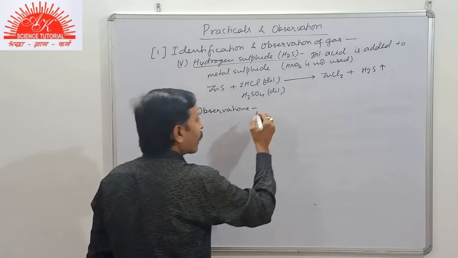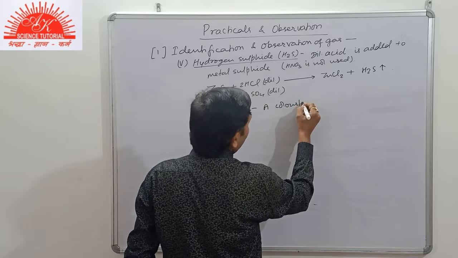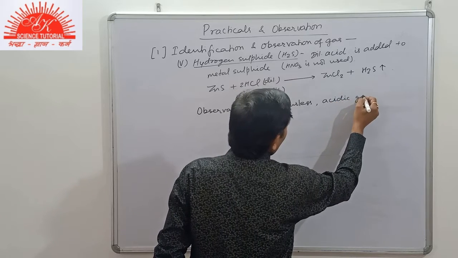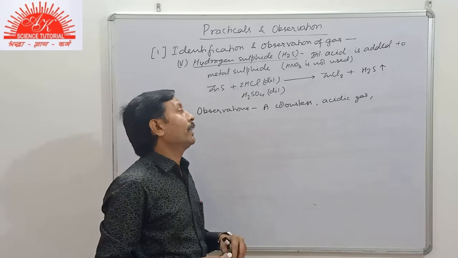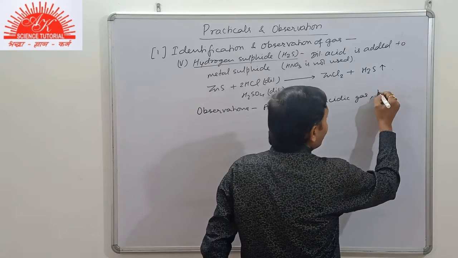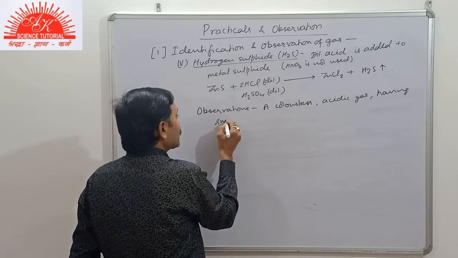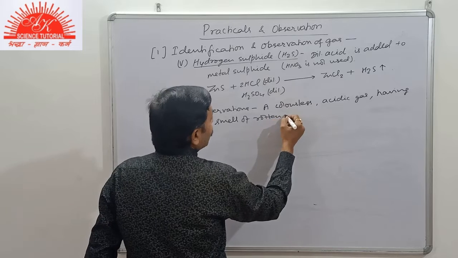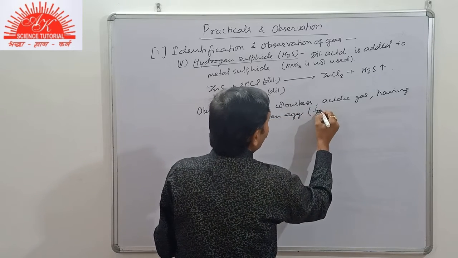Now, what will be your observation? A colorless acidic gas having a smell of rotten egg. This is a characteristic test, sometimes also written as foul smell.